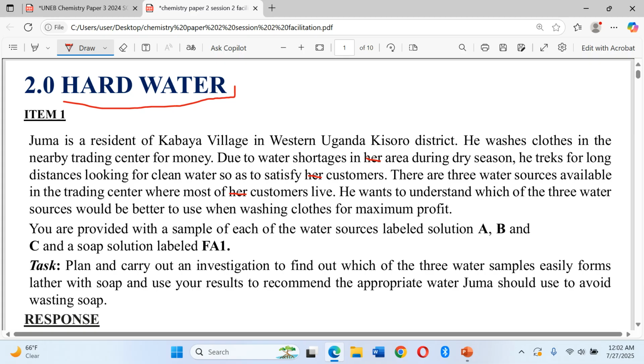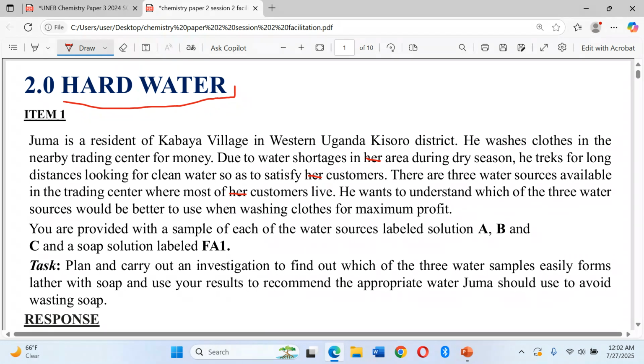Task: Plan and carry out an investigation to find out which of the 3 water samples easily forms lather with soap, and use your results to recommend the appropriate water Juma should use to avoid wasting soap.